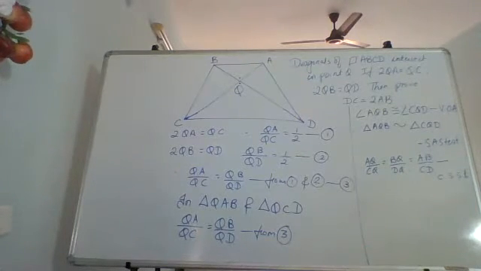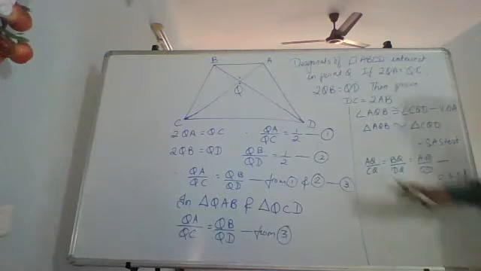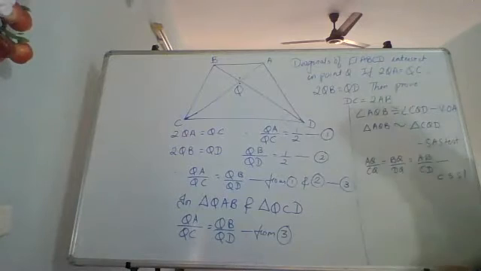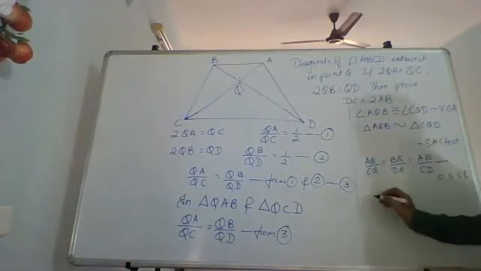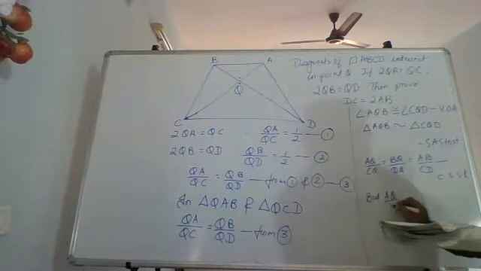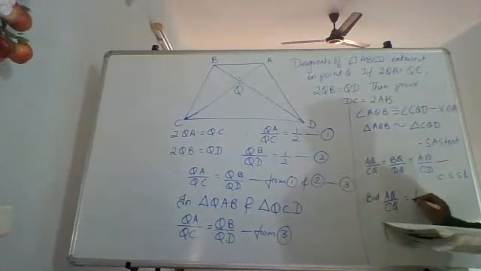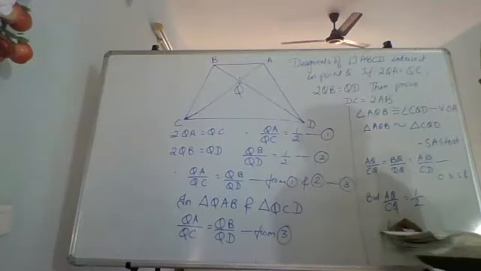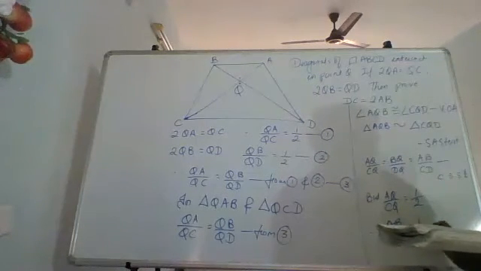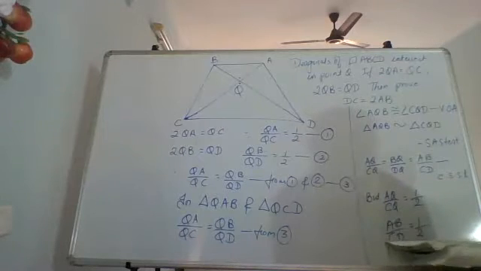But what is AQ upon CQ? AQ upon CQ is 1 upon 2, proven over here. Therefore, AB upon CD equals 1 upon 2. Bring this to this side.